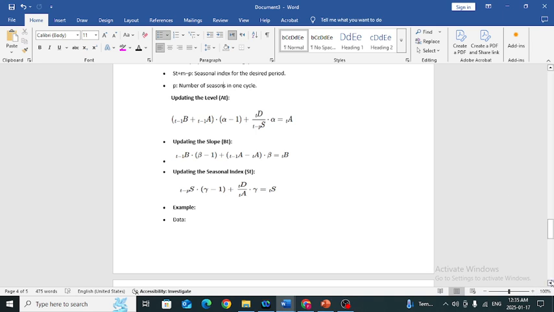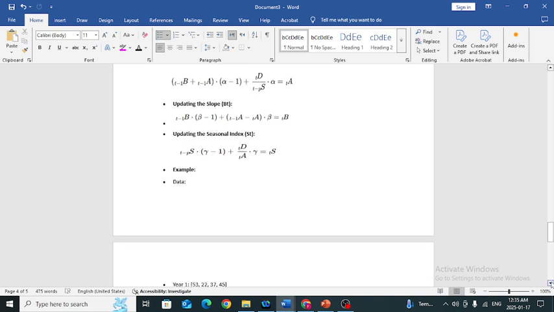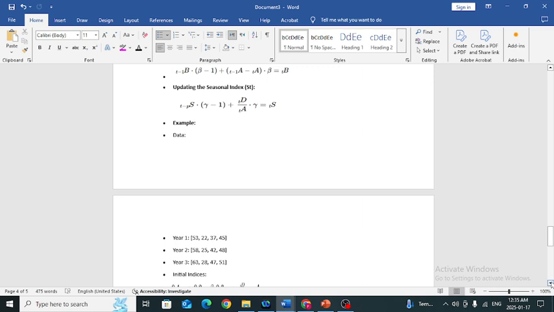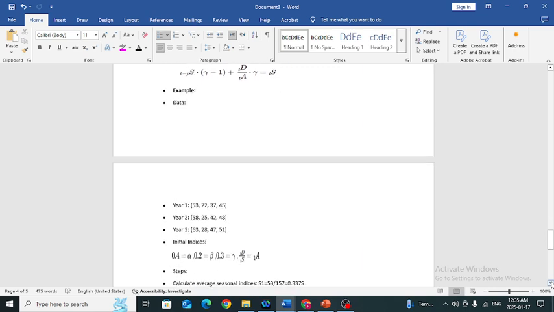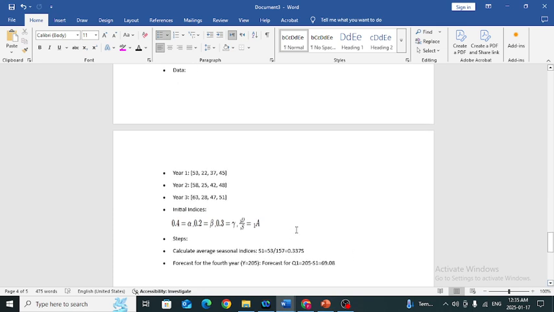For example, the data of this question: year one encompasses 53, 22, 37, 45, and for year 2 and year 3 we have some data.